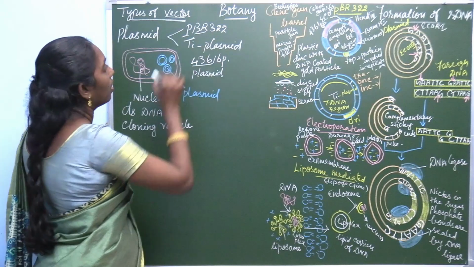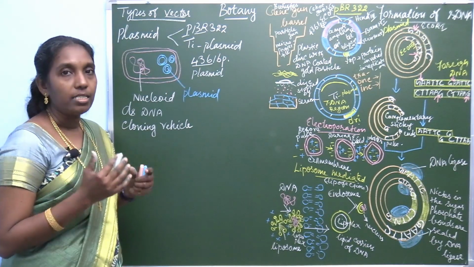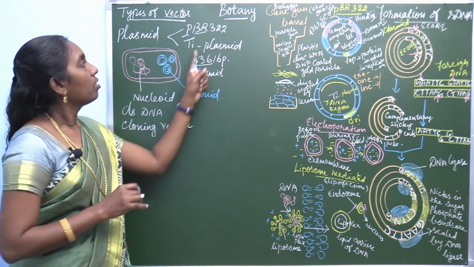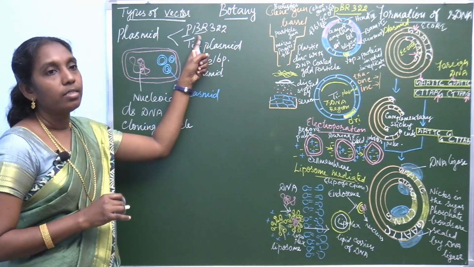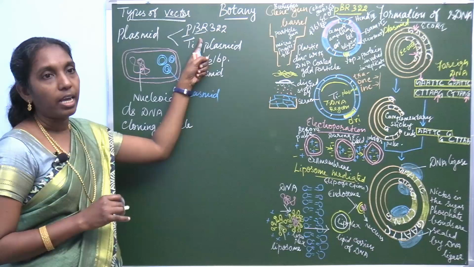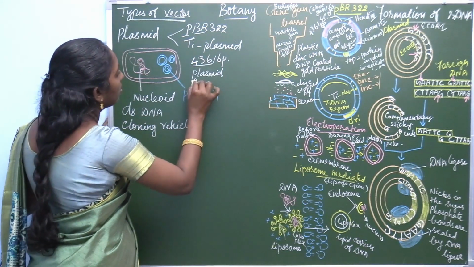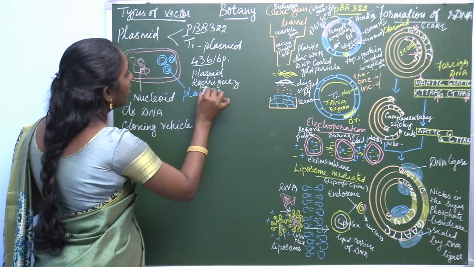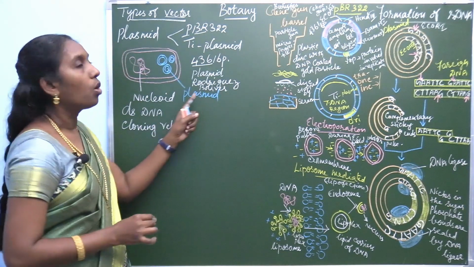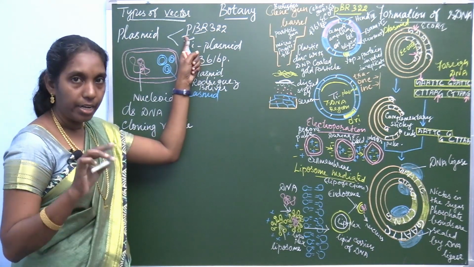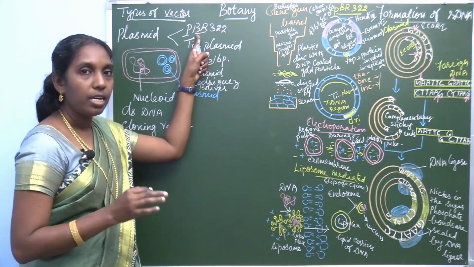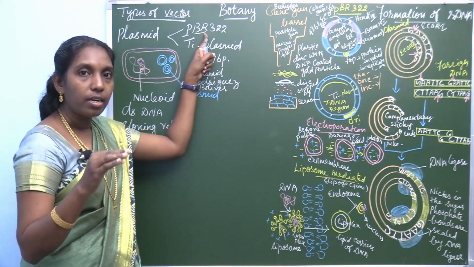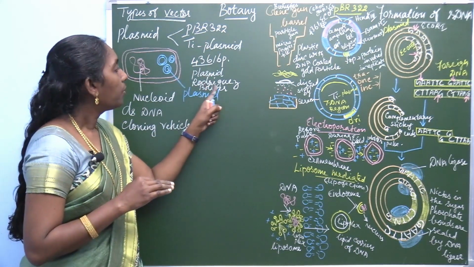The B and R represent the names of the scientists: B represents Bolivar and R represents Rodriguez.